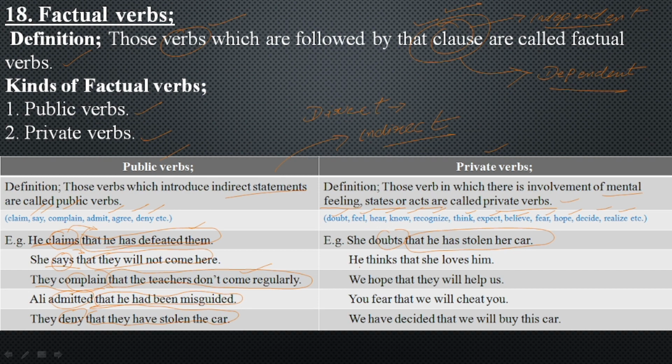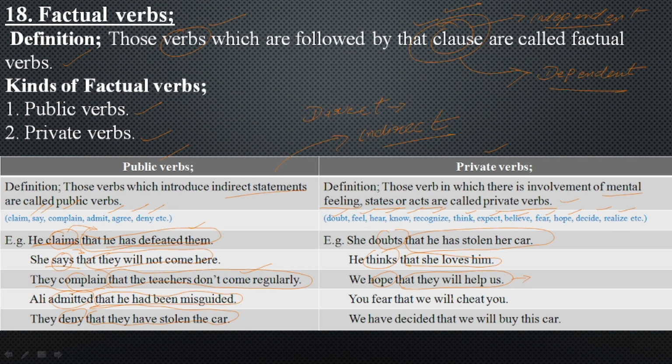He thinks that she loves him. Again it is a mental feeling. What does he think? That she loves him. In the same way, we hope. What do we hope? Again a mental feeling, that they will help us. That is a sort of expectation we have from the people, but this must not be so.